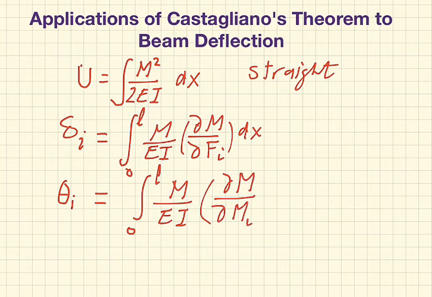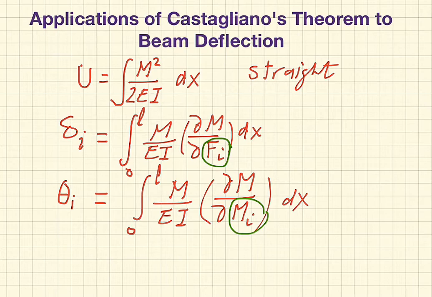So that moment we're going to call M sub i. In other words, what is important to note here is that this force and this moment are applied at a particular point, and therefore we would take the derivative with respect to those. So this is for a straight beam.